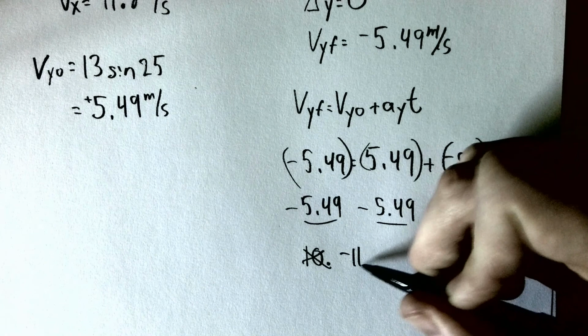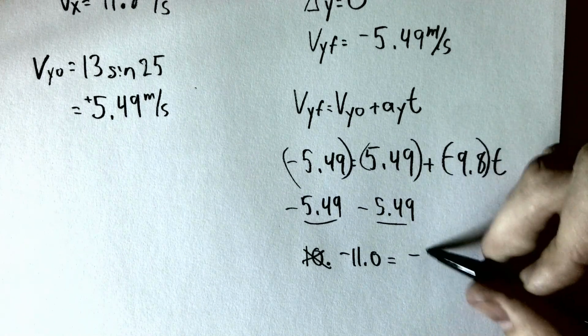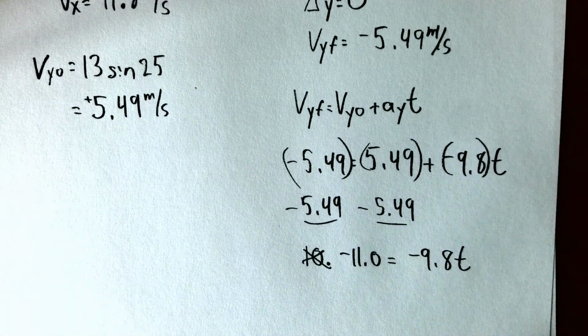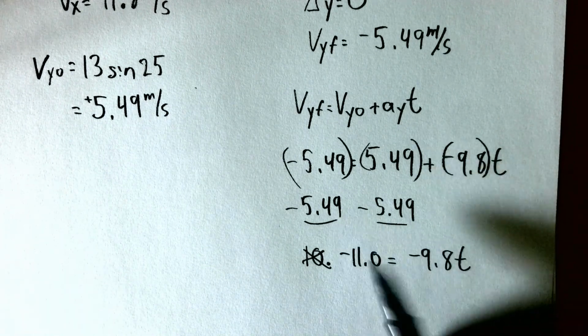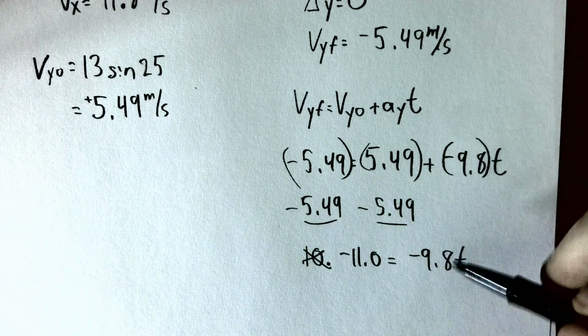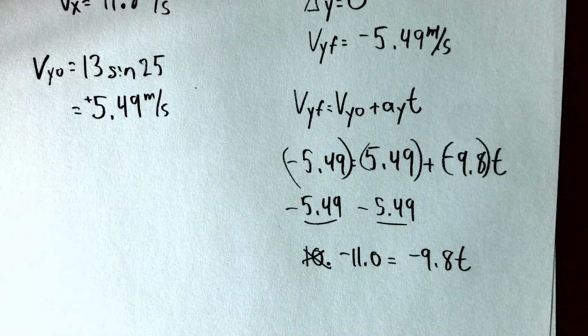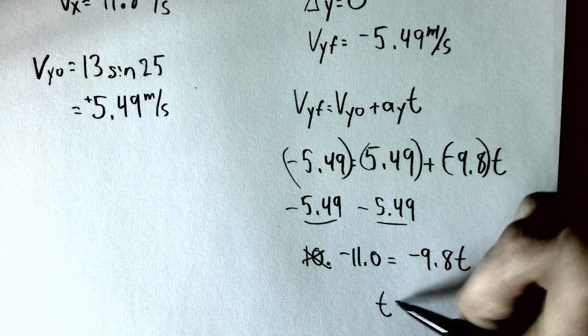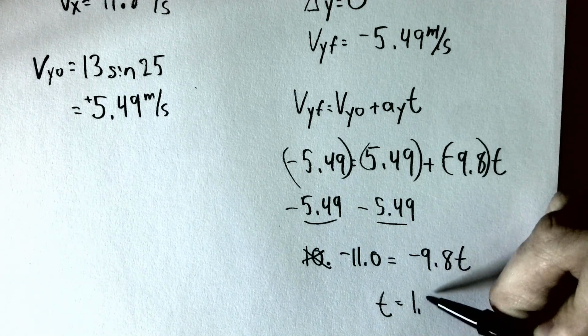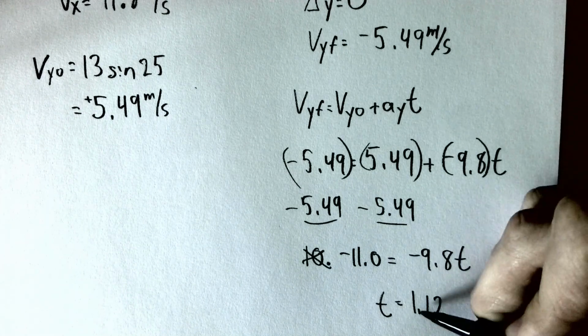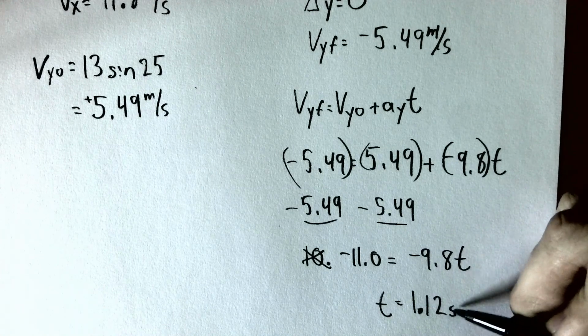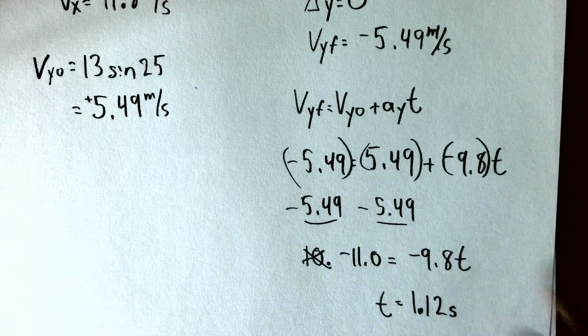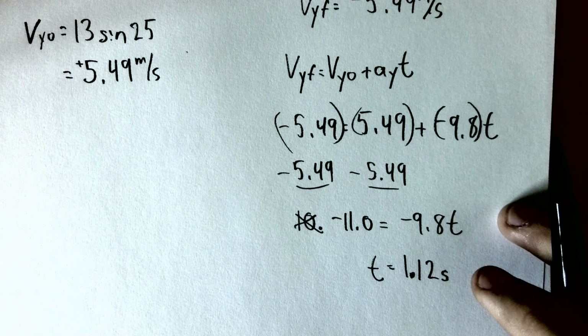So negative 11.0 equals negative 9.8t, and we'll divide by 9.8. So divide both these numbers by 9.8. Of course, the 9.8 here cancels. We'll get 1.12. I have a bad habit of stopping right here. I usually circle my answer and I forget to go on, but what do we got to do really?